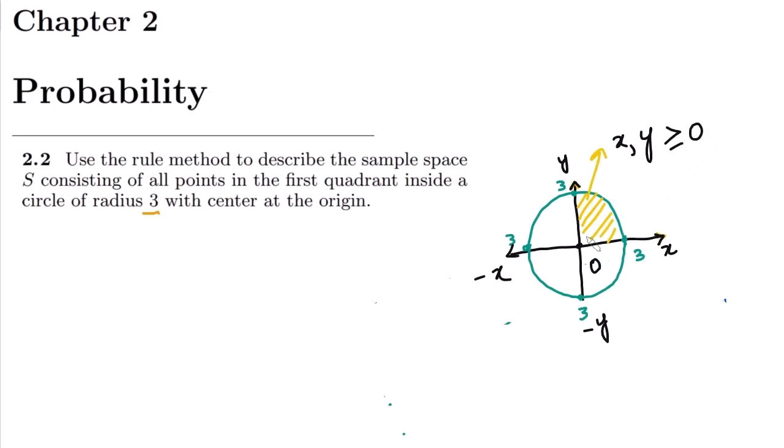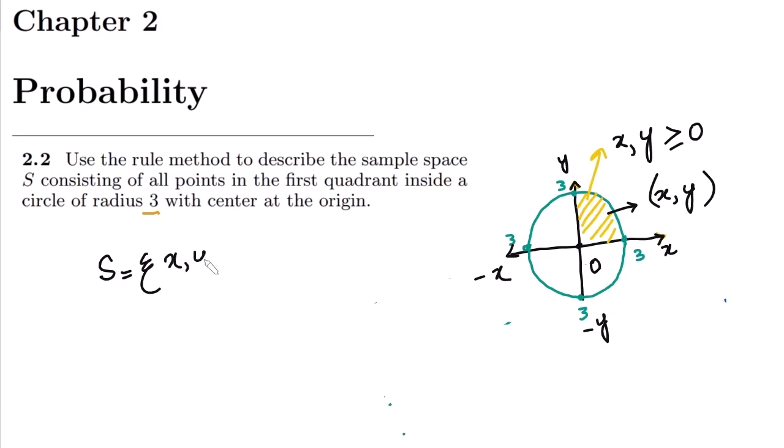So this is the first quadrant, and here I have to find the sample space which is confined at this point. Therefore, in order to do so, I have to start writing the sample space, and in this area all the points will be composed of 2 values, x and y.